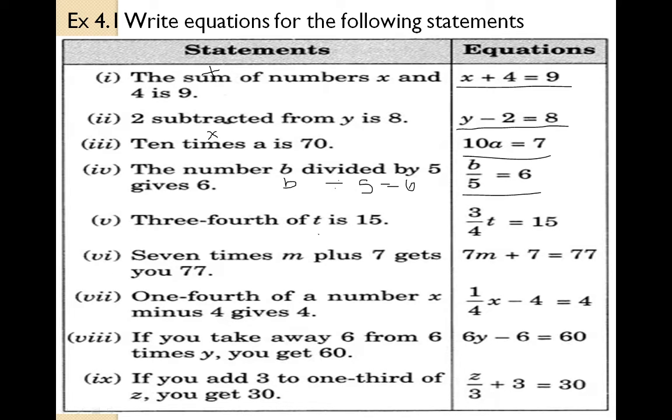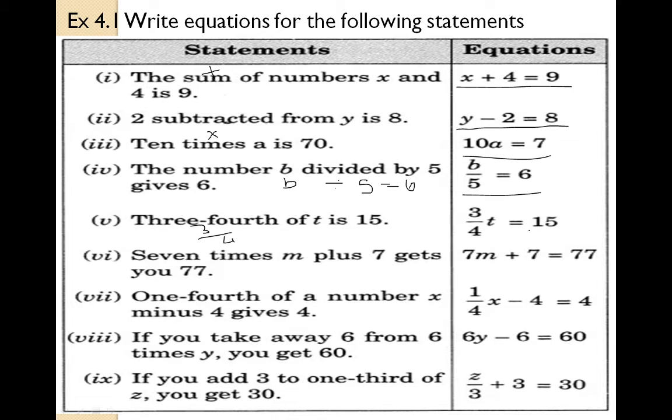3/4 of t. Already in the 5th standard, in the topic of parts and wholes, we had studied how to write the parts. So 3/4, that means 3 upon 4 of t.